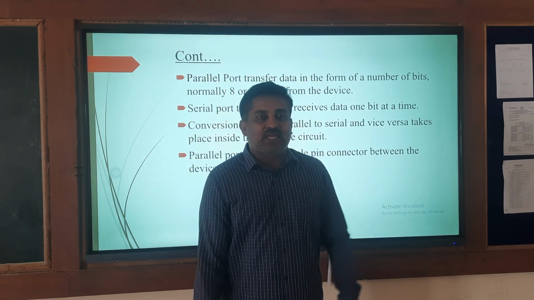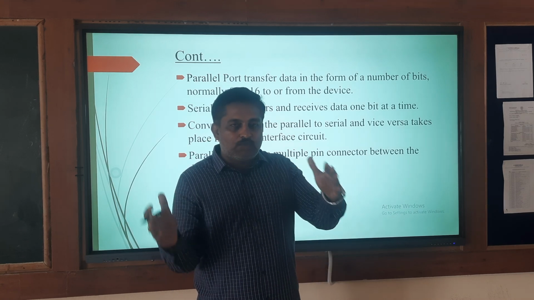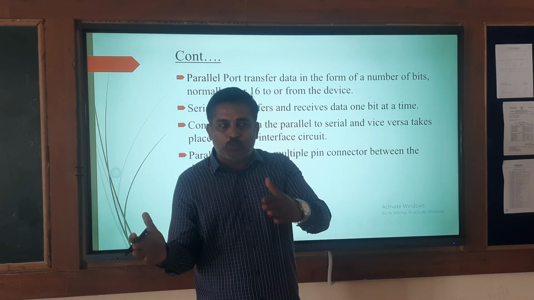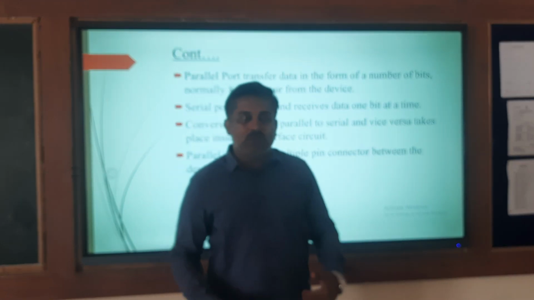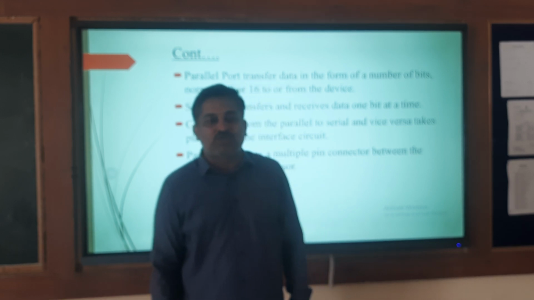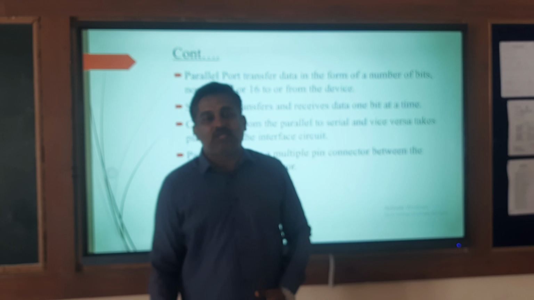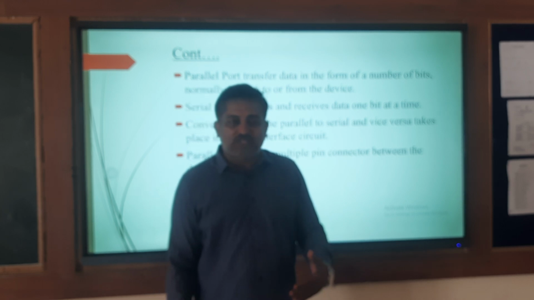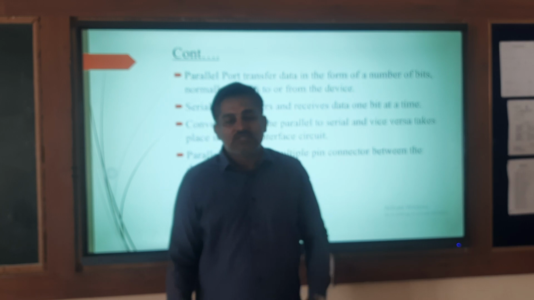Whenever we use the parallel port, we can transfer a large amount of data from the input-output devices to the computer bus. For example, if I want to transfer 32 bits of data from input-output devices to the system bus, then I may require 32 lines.